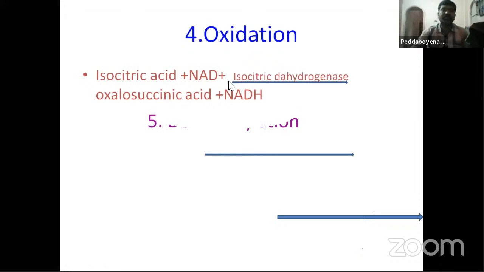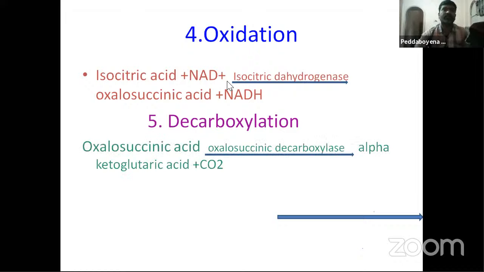Next is decarboxylation. In decarboxylation, the sixth carbon of oxalosuccinic acid releases one molecule of carbon dioxide in the presence of oxalosuccinic decarboxylase. It forms alpha ketoglutaric acid and removes the carbon dioxide.